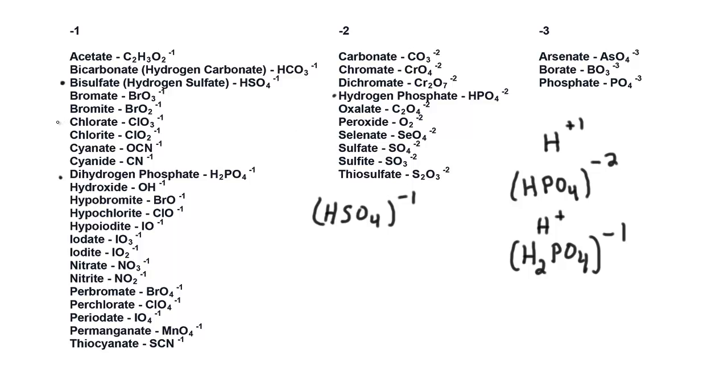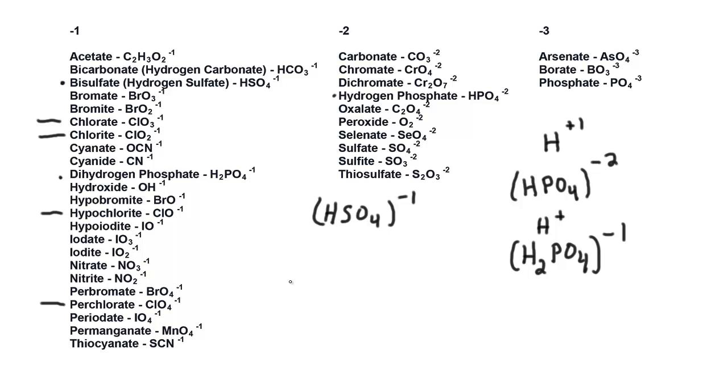Let's look at this. We want to look at chlorate, chlorite, hypochlorite, and we want to look at perchlorate. So we want to look at all of those. Notice that they all contain chlorine and oxygen, but they have different numbers of oxygen, but they're all a -1 charge.